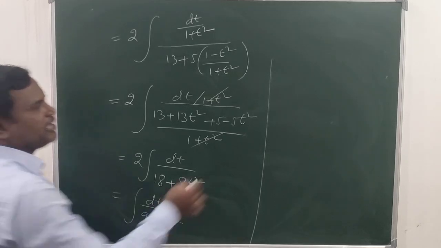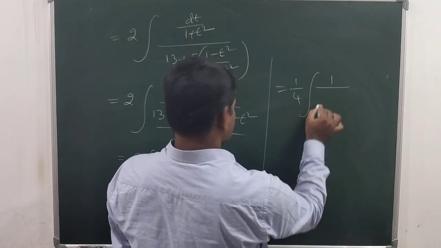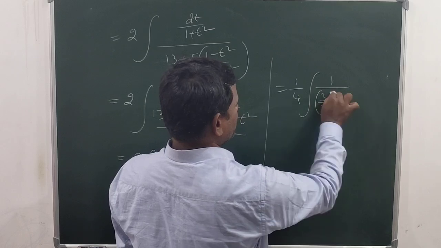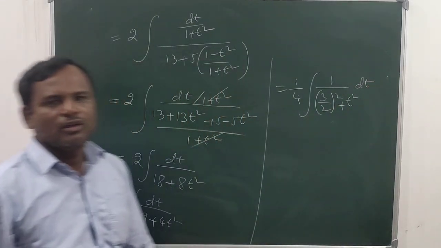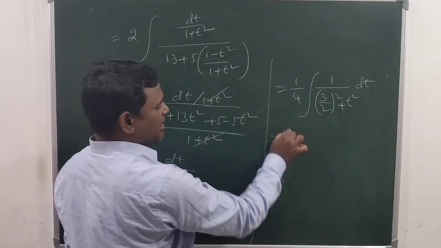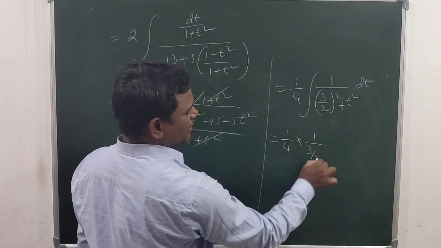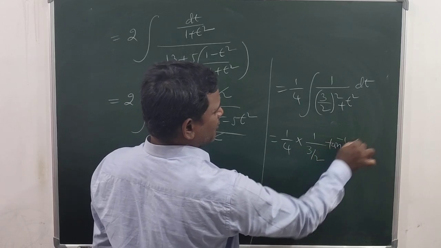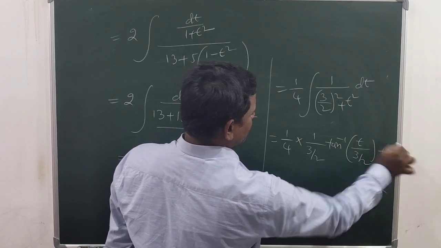Take 4 outside. So you will get 1 by 4 integral of dt by 3 by 2 whole square plus t square. You know, it is looking like a standard result: 1 by a tan inverse of x by a, here 1 by 3 by 2 tan inverse of t by 3 by 2 plus c.